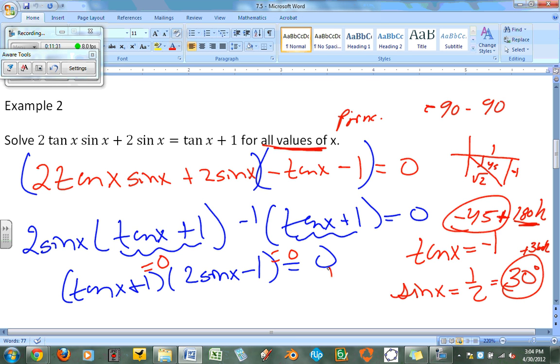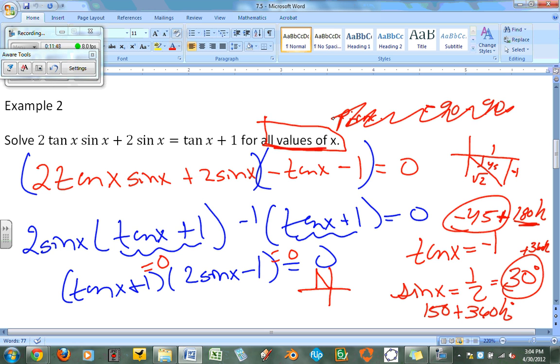Sine also equals 1/2 over in this quadrant over here, which is 150. So it'd be 150 plus 360k also makes this true. Okay. So these are, I guess, all the answers. I guess I should have read my problem a little better: for all values of x, not principal values. I was wrong. So if they say all values, you have to find all values. If they say principal values, just stay within your principal values.